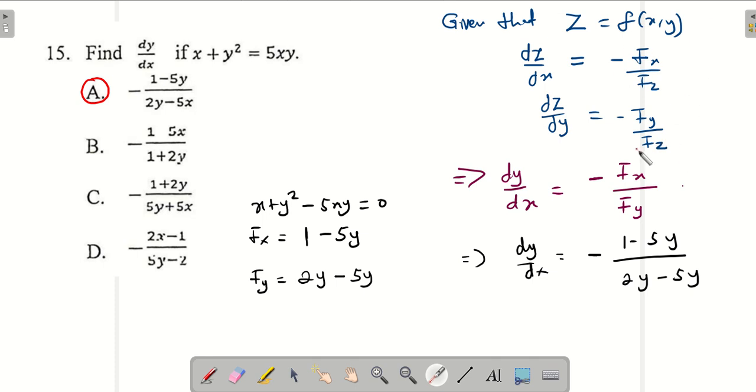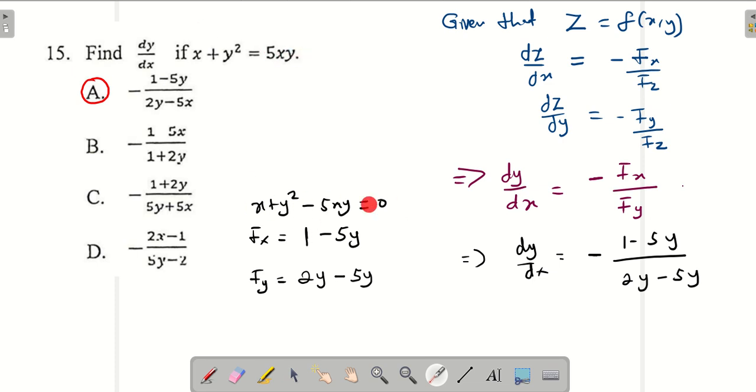So using this concept, in our case, we are supposed to find dy/dx from this implicit differentiation. We can see that in dy/dx, y is the dependent and x is the independent. So the formula says negative the partial derivative with respect to the independent variable x over the partial derivative with respect to the dependent variable y. All we need to do is to group like terms by bringing the 5xy to the left hand side.